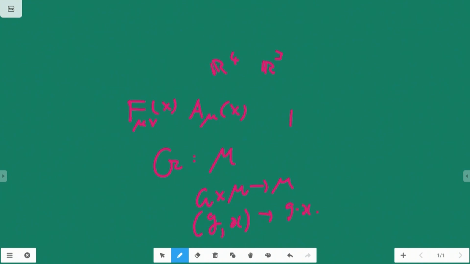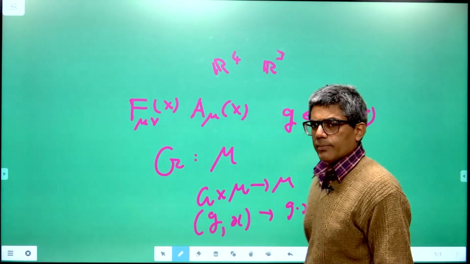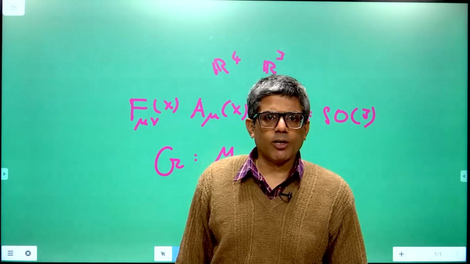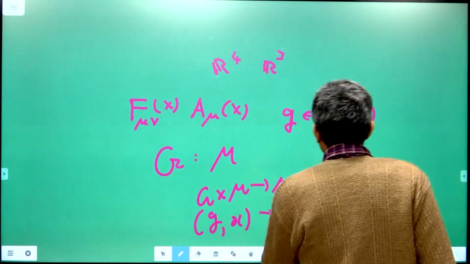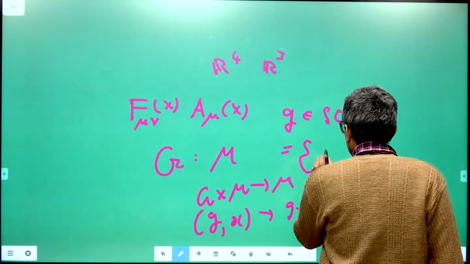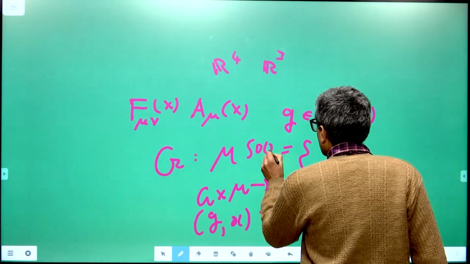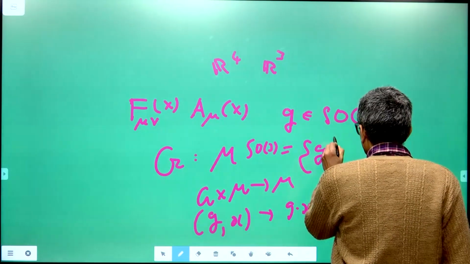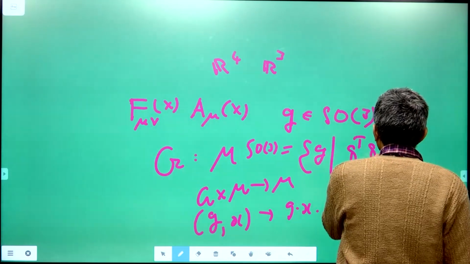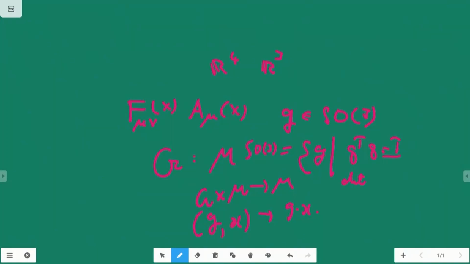So if g is a rotation, for example, then the group is SO3, the group of all 3 cross 3 real matrices having determinant 1 which are orthogonal. So SO3 is the group of all g such that g transpose g is equal to I and determinant of g is 1, and g of course is a 3 cross 3 real matrix.